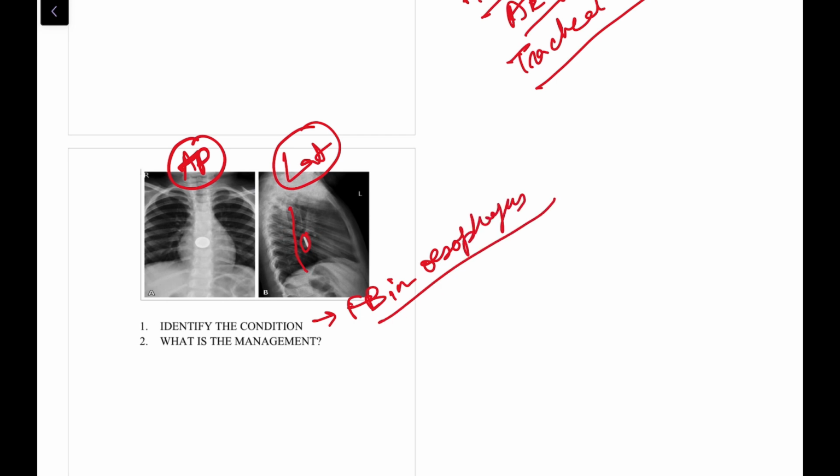We can only give the diagnosis if both these two views are given. If only this anteroposterior view is given, we can give the diagnosis as a foreign body in aerodigestive tract.